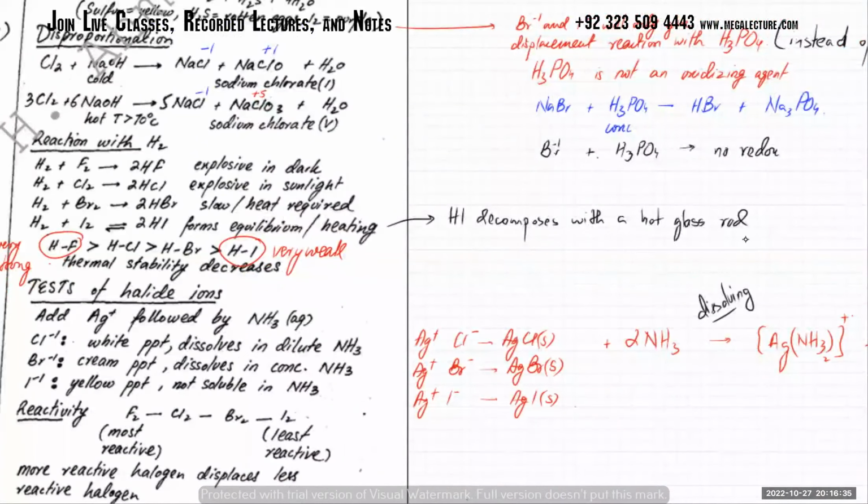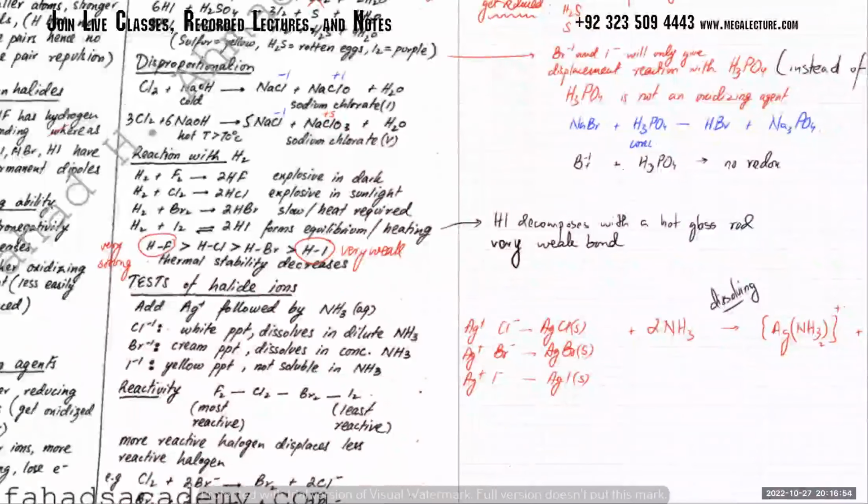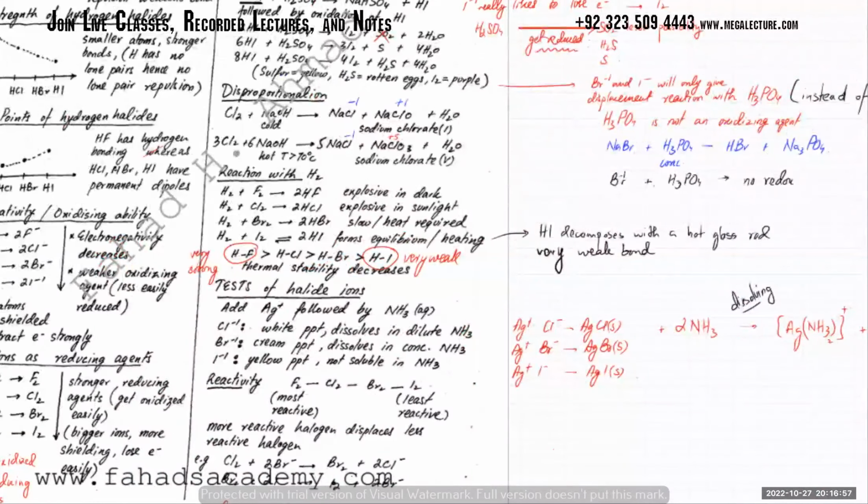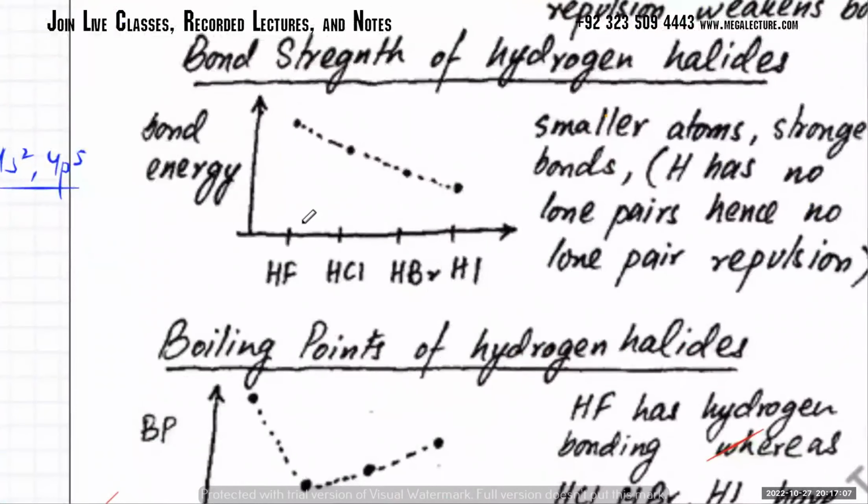It decomposes even with a hot glass rod. You add a hot glass rod, it decomposes. HI is going to form crystals of iodine, and even without a hot glass rod, it's going to start decomposing. So just remember, it's pretty hard to decompose HF. It's got a very strong bond, but HI is kind of easy to decompose.